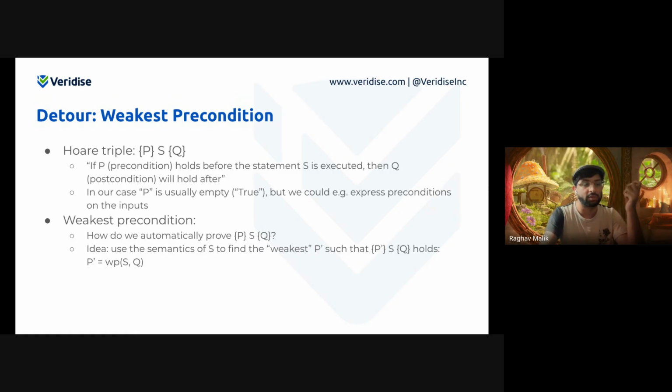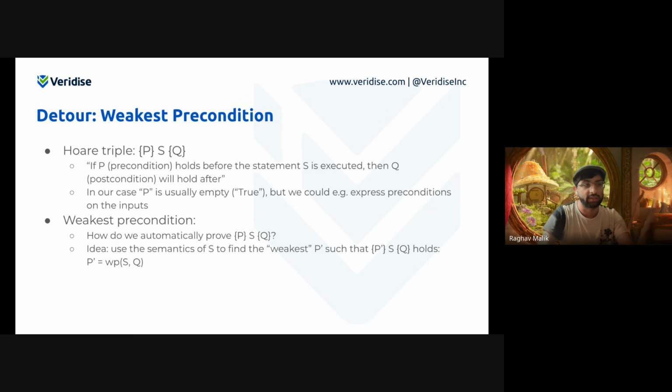But you also want P prime to be as weak as possible. So informally, that just means that it's not asserting anything that it doesn't need to, or it's not constraining anything that it doesn't need to. Formally, it means that it's universal with this property. So any other precondition that would work factors through this or implies P prime somehow.